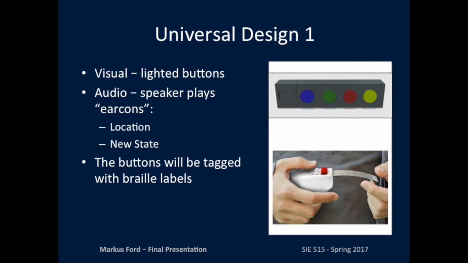So we found that there is basically the equivalent of a label maker that will create braille labels, and the surface of these buttons is completely flat. So we're looking to generate braille labels that will stick over the face of the button, and therefore people who are blind are able to read the location information on the face of the button.